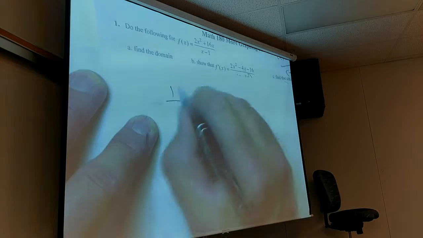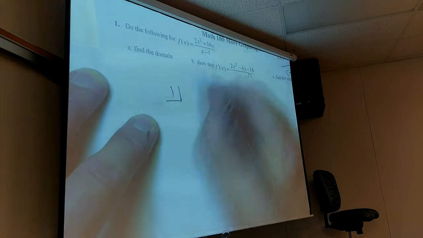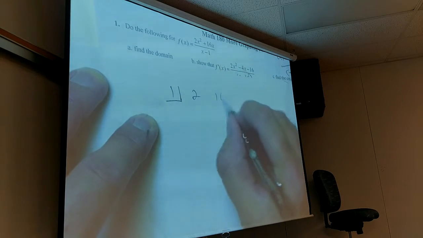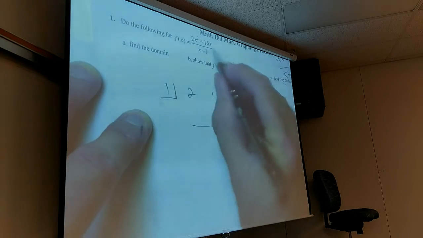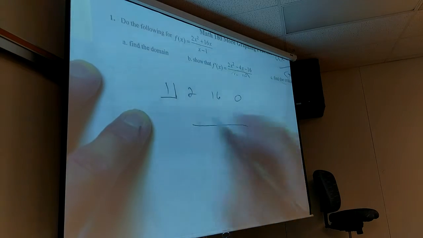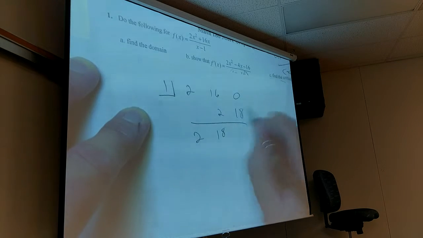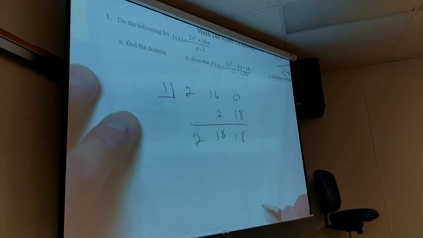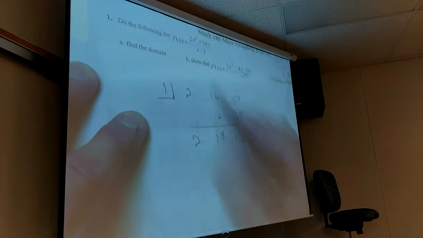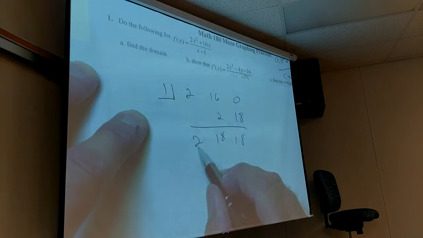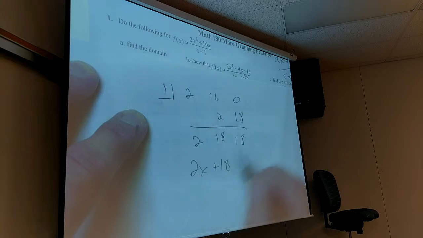So synthetic, I put 1 in the penalty box. 2, 16, 0. That's all my coefficients. Bring the 2 down. 2 times 1 is 2. Add, multiply, add. It was x squared, so now these are the coefficients of x, the 1s, and then the remainder.